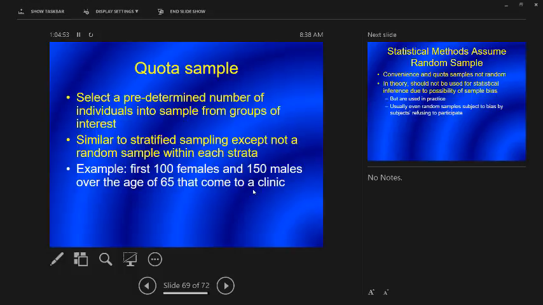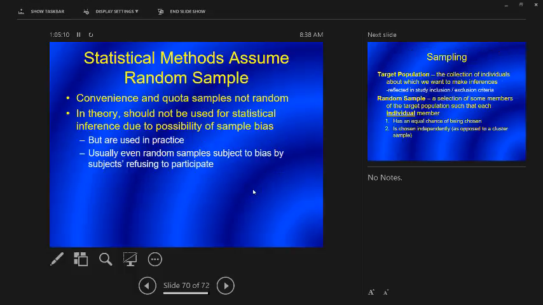So a quota sample is done in order to try to assure that your sample in the end represents the target population of interest. It's particularly useful when people don't have to participate, which is almost always the case. It's done to avoid sample bias. Again, the statistical methods that we use assume that we have a representative random sample from the target population.